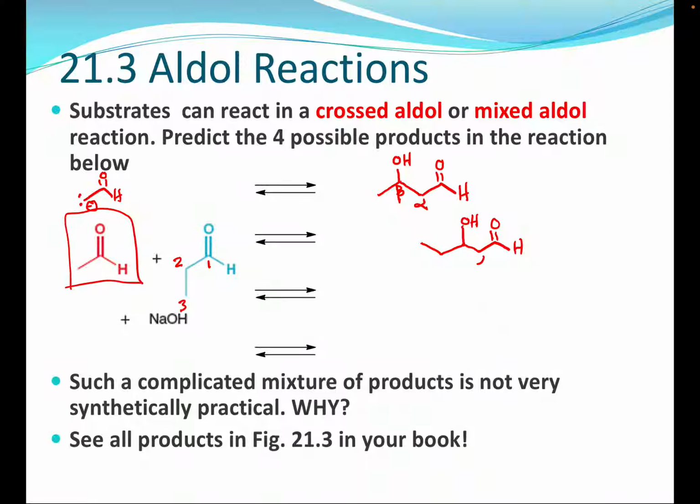So we have our alpha and our beta position, and we see that we just added 1 more carbon than in the last product. Now, to get our other 2 products, we will have our larger aldehyde acting as the enolate. So I'm going to draw in what that starting material would look like. Remember, it's going to be the alpha position that forms the lone pair. So that's going to mean we're having branching on some of these final products.